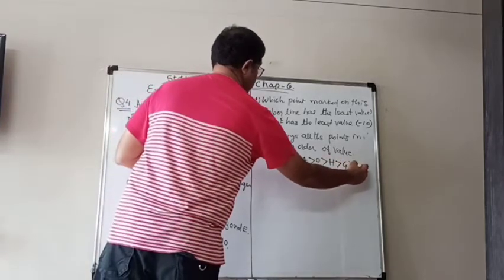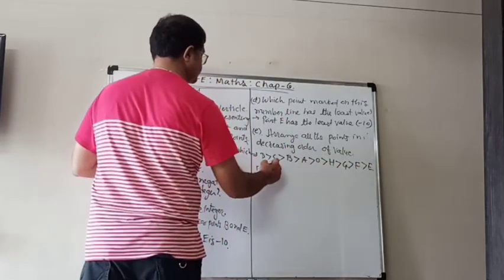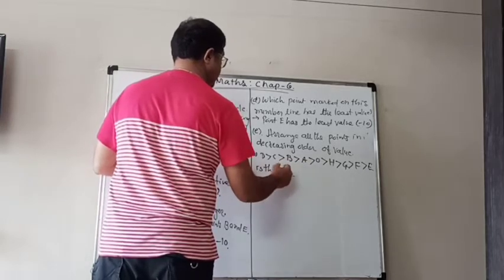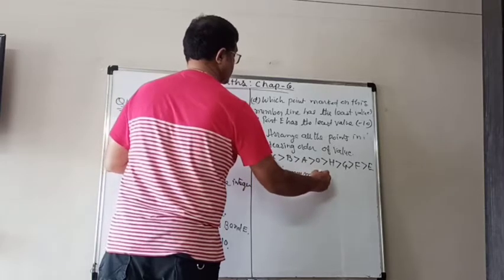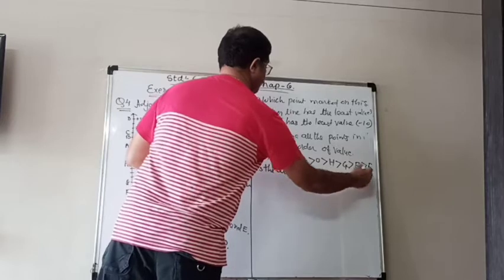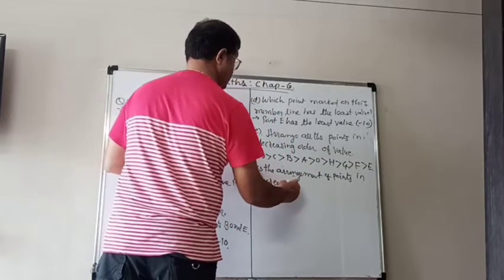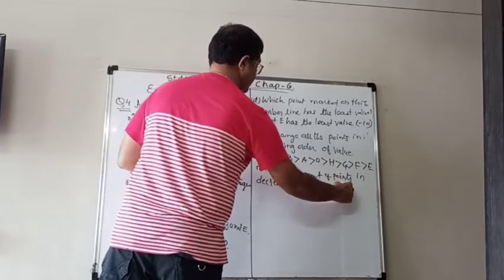G, F and E is the arrangement of points in decreasing order of value.